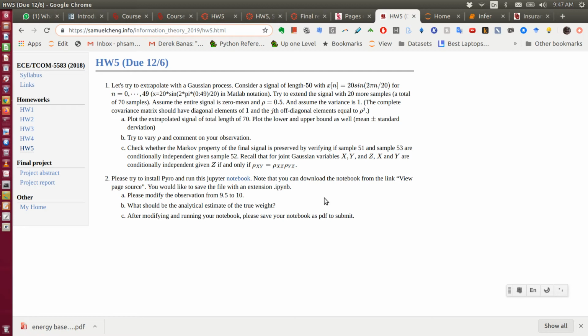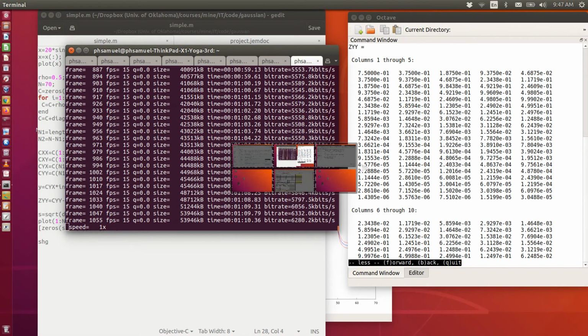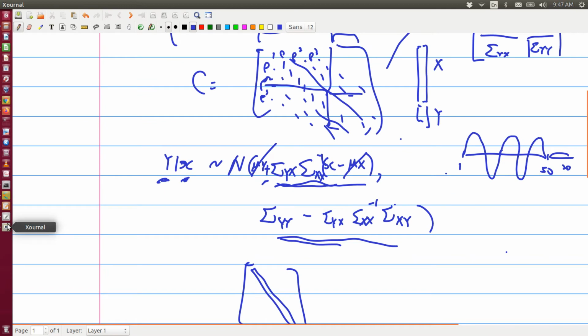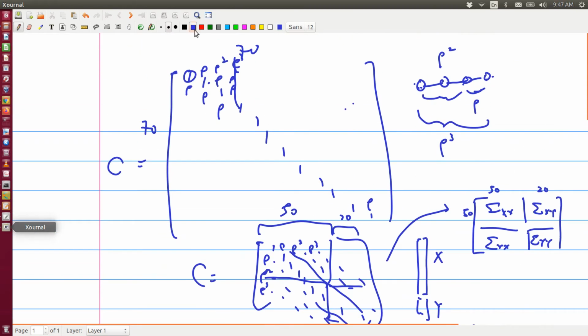So in other words, we have a signal like this one, right? Basically the coherence matrix will be of size 70 by 70, and the diagonal will be all 1.